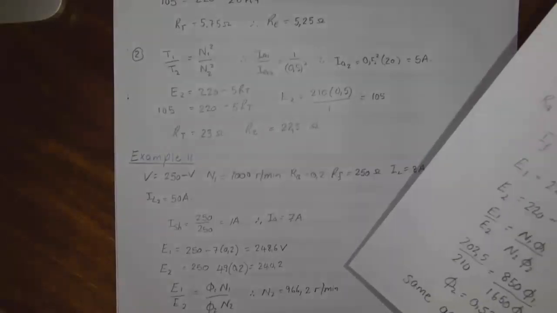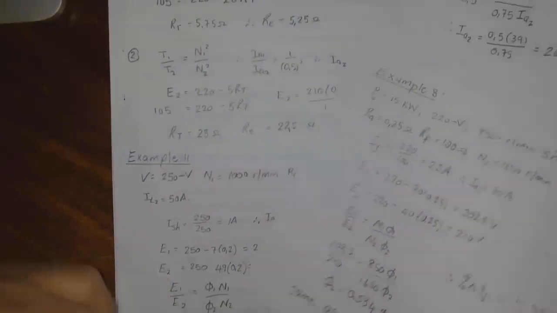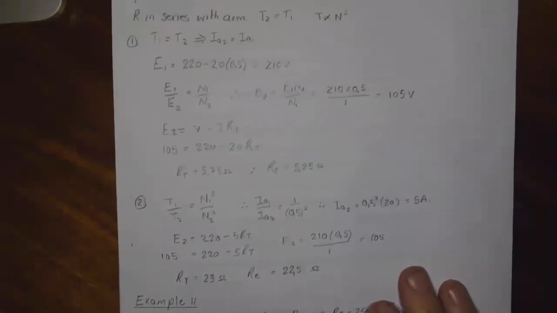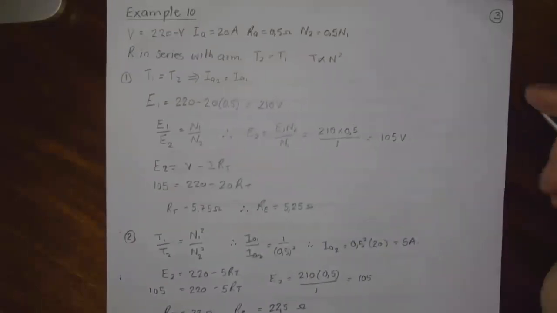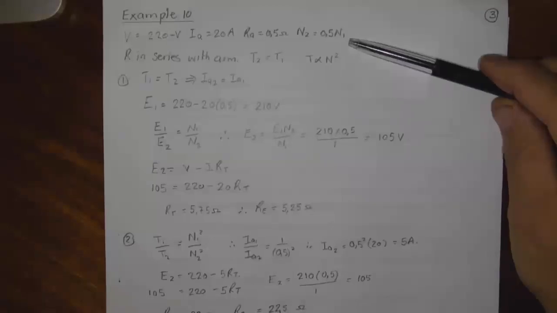Okay, question 9 is basically the same as exercise 8. So 10, again, we have 220 volts, 20 amp armature current, armature resistance 0.5, N2 is 0.5 N1.